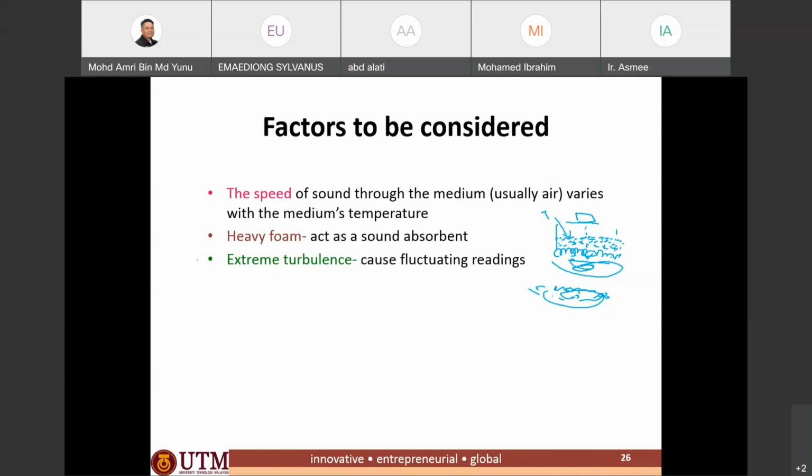So we need to be careful. The temperature must be carefully maintained, and also in some cases in a vessel, our ultrasonic transmitter and receiver will transmit and then receive.